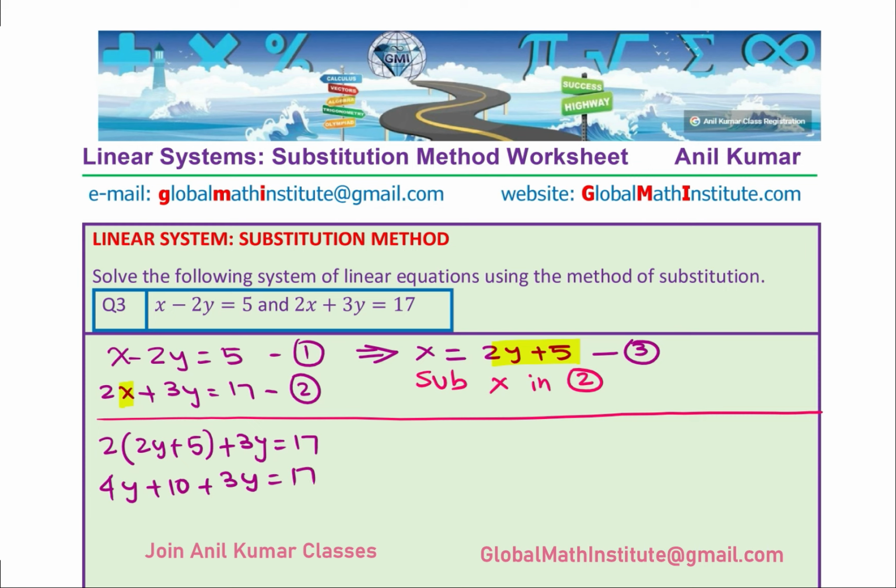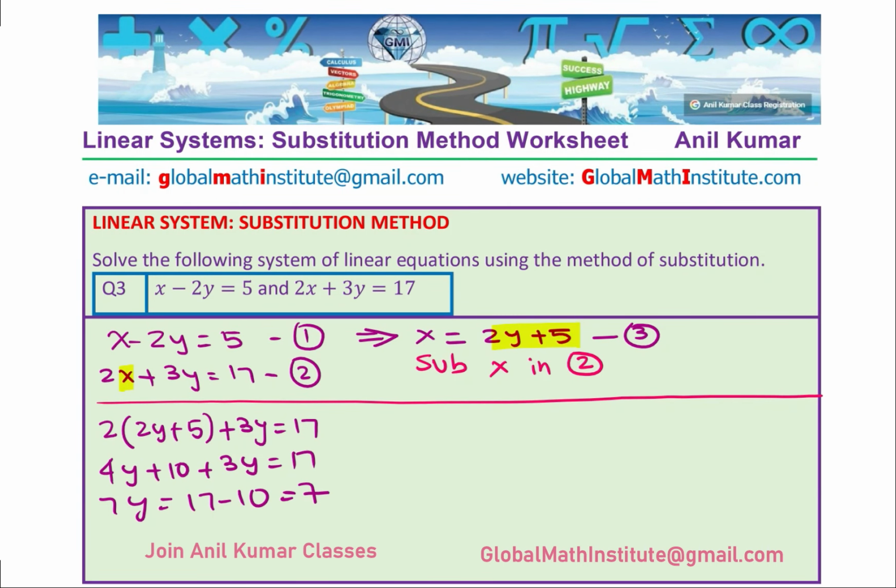And combining 4y and 3y, we get 7y. Taking 10 to the right hand side, we get 17 minus 10, which is 7. So clearly, now you get the value of y from here, right? So y is equal to 7 over 7, which is 1. So we have the solution for y, which is y is equal to 1.